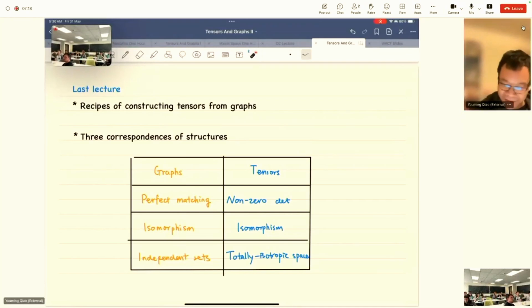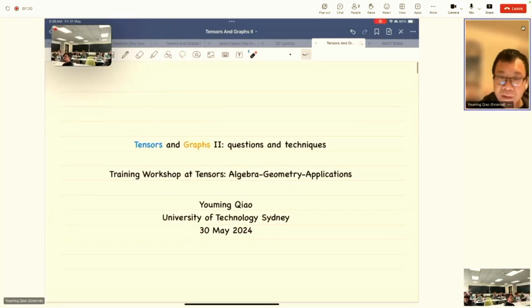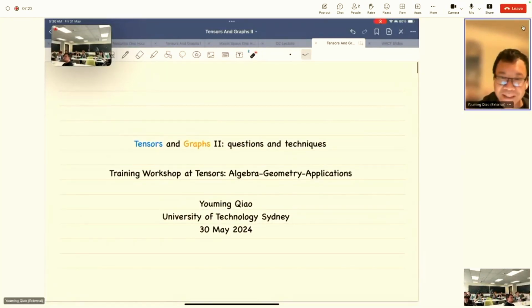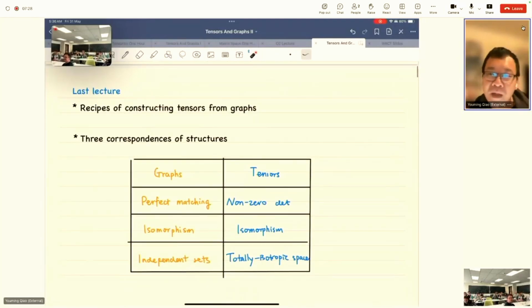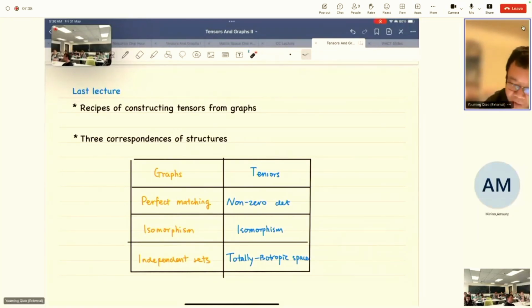Yes. Okay, so since we just started recording, that's the title page. Maybe I'll show that. So, now basically just a review. Last lecture we saw these correspondences between tensors and graphs. First, we have the recipes for constructing tensors from graphs, and then we saw three correspondences of the structures.